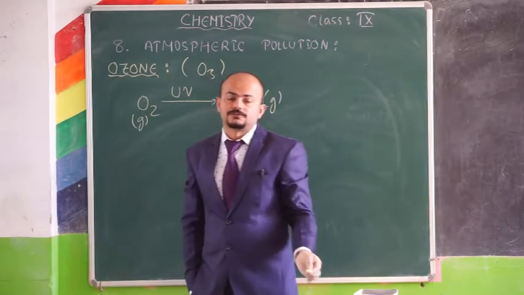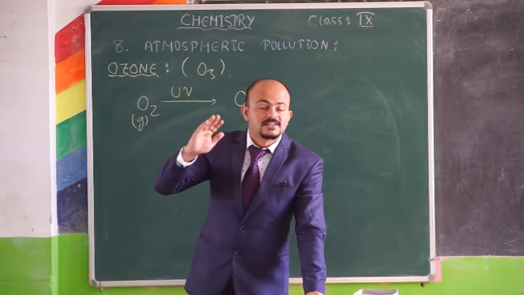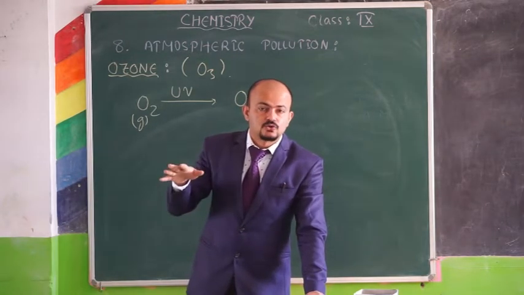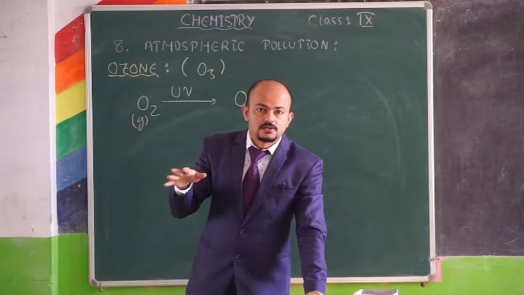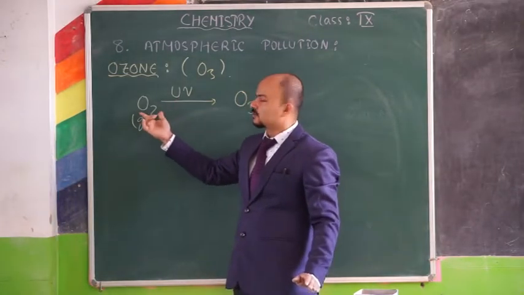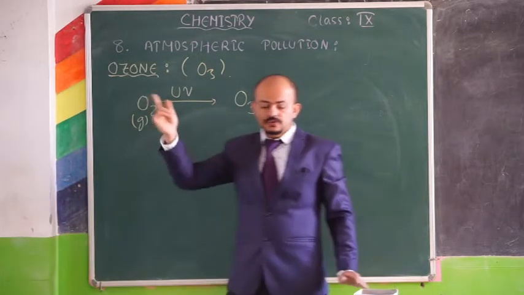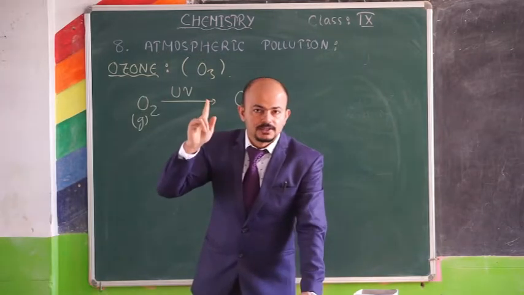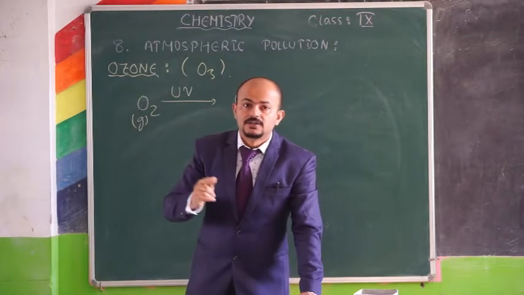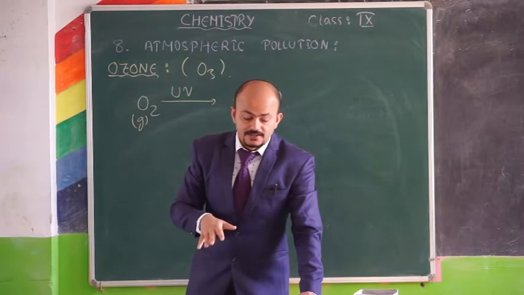Now what is the function of ozone? This ozone is present around 16 kilometers above the Earth's surface, and it acts as a blanket. Just now you saw the UV ray coming from the sun reacted with oxygen and got converted to ozone. So ozone acts as a blanket above 16 kilometers from the Earth's surface, and it doesn't allow the ultraviolet rays to enter the Earth's surface.